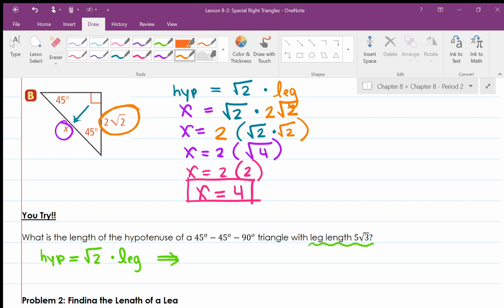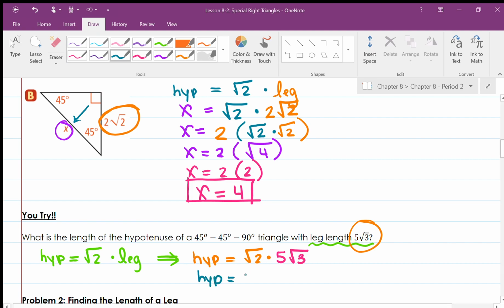We do not have the hypotenuse, but the hypotenuse in this case would be equal to the square root of 2 times the leg, and they told us that the leg here is 5 square root of 3. So the hypotenuse here would be equal to 5, which stays on the outside, square root of, and again, you can combine on the inside or multiply on the inside, square root of 6 would be your answer here.